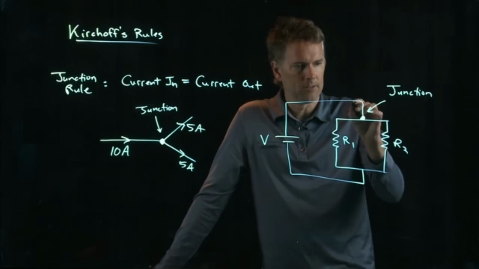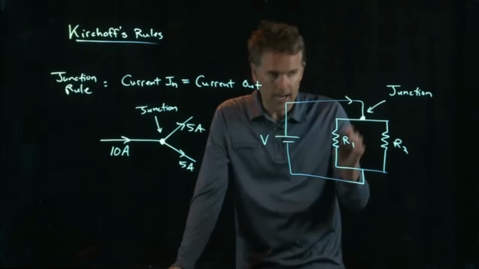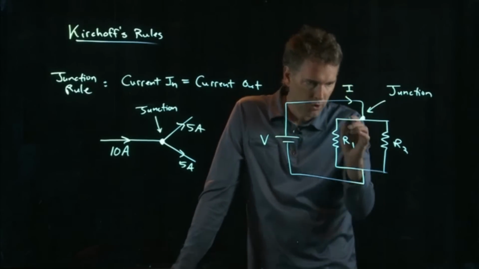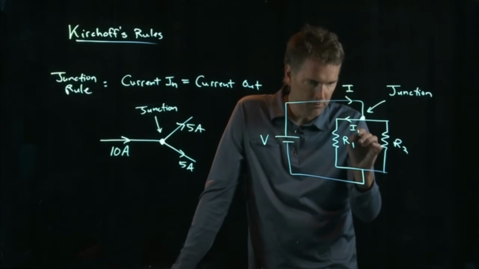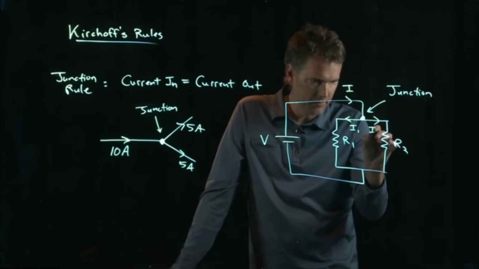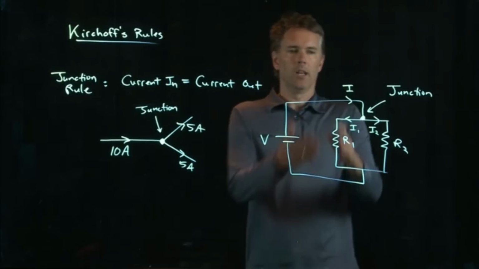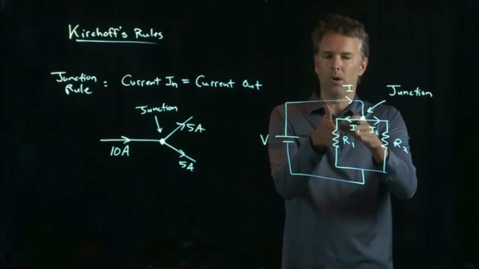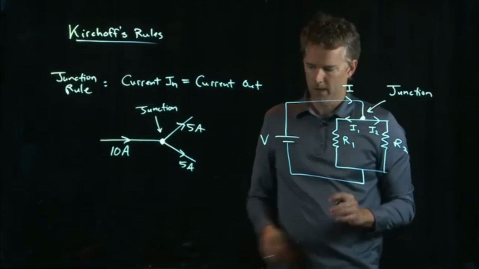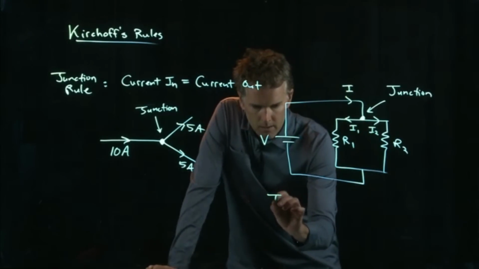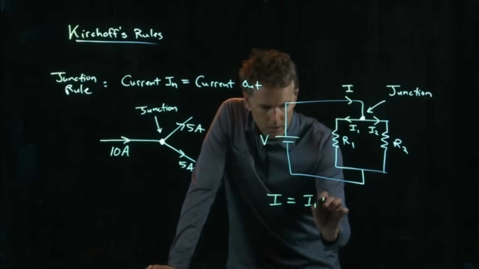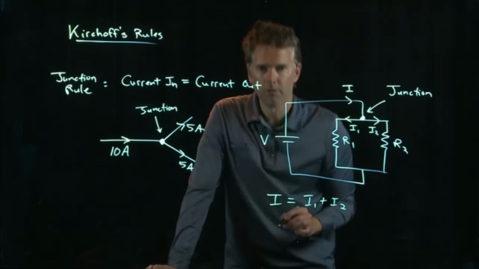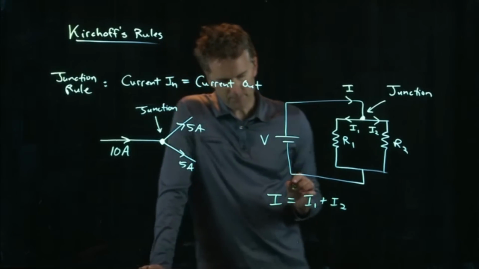Current in is going to be I. Current out is whatever goes in that one plus whatever goes in that one. So we'll call it I going in, I1 to the left, I2 to the right. So I equals I1 plus I2.